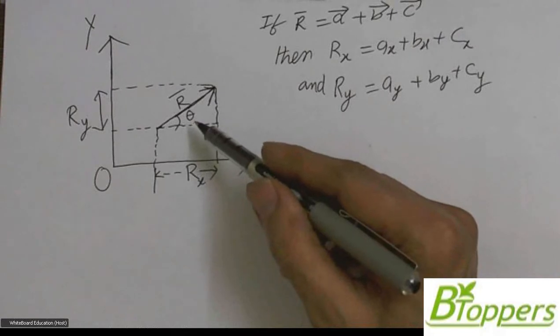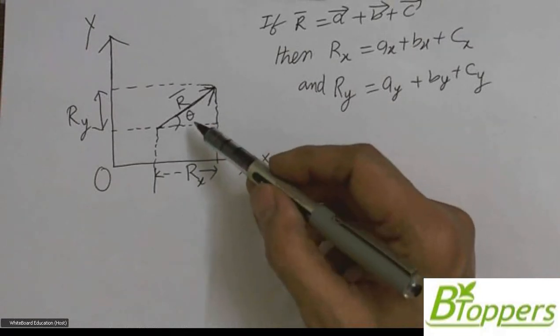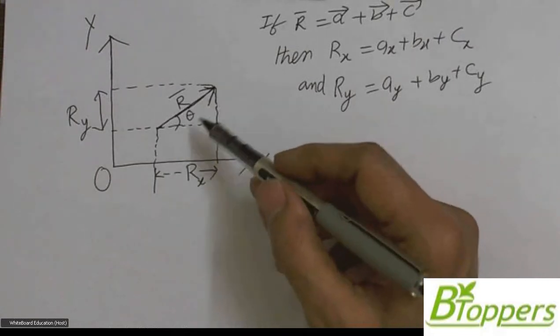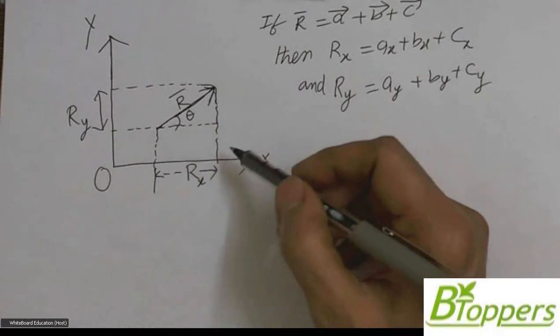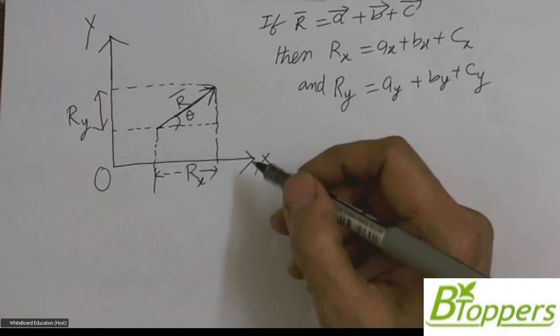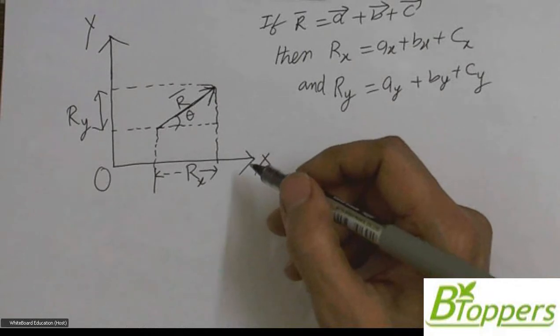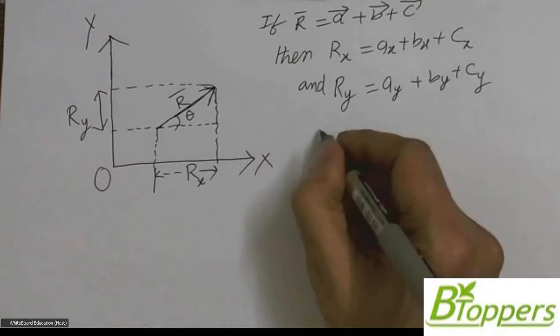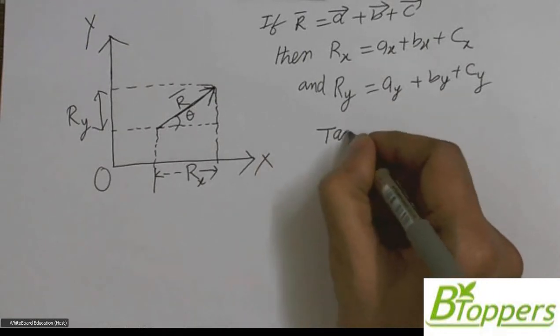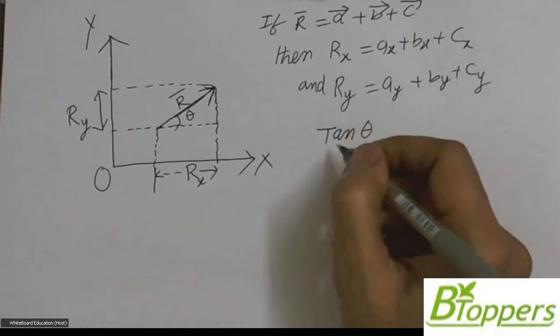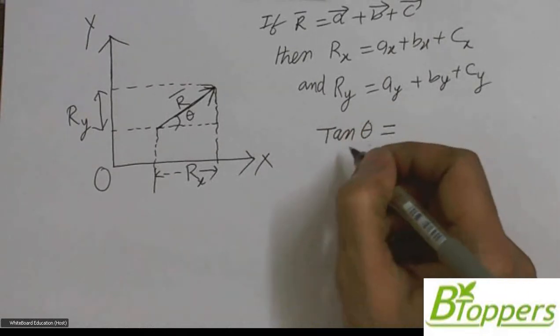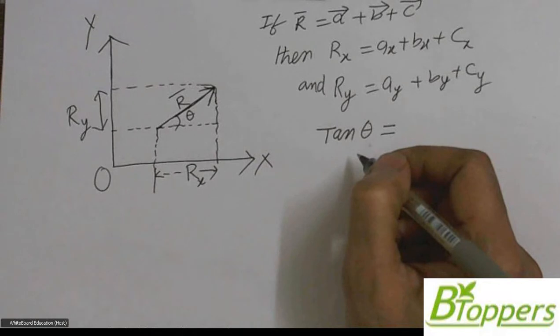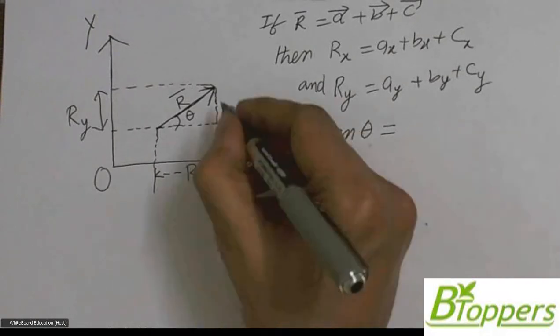Let theta denote the angle made by the resultant vector R bar with the positive direction of x axis. So from the figure you can write tan theta equal to length of the side opposite to theta divided by length of the side adjacent to the angle theta.